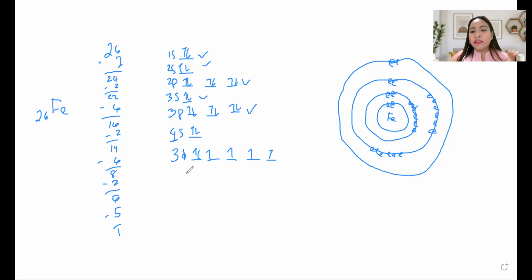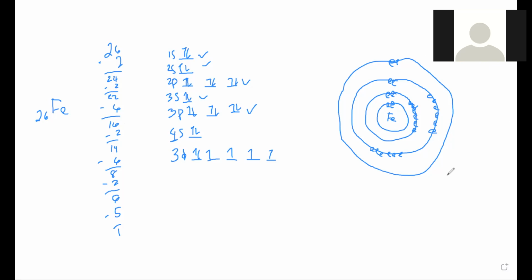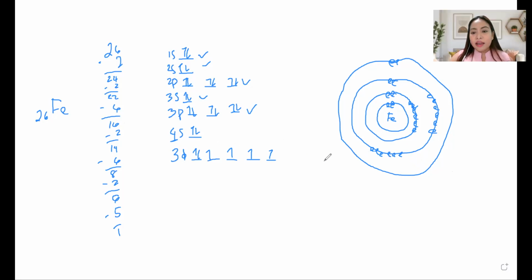Iron, on the other hand, this is what we call the ground state. Now, this is not the stable state of iron. See here, iron has electrons or suborbits not yet filled on this part.